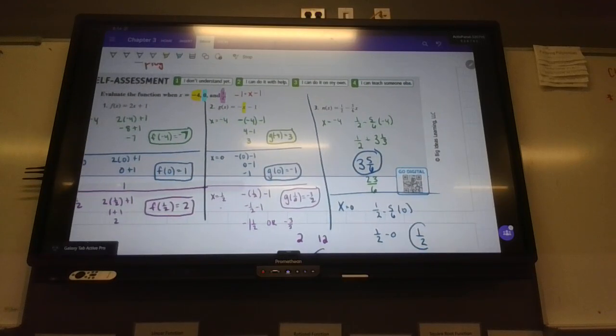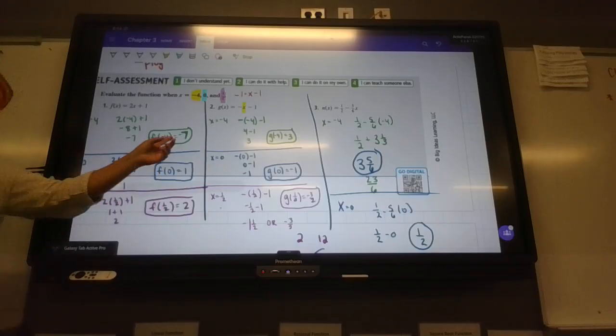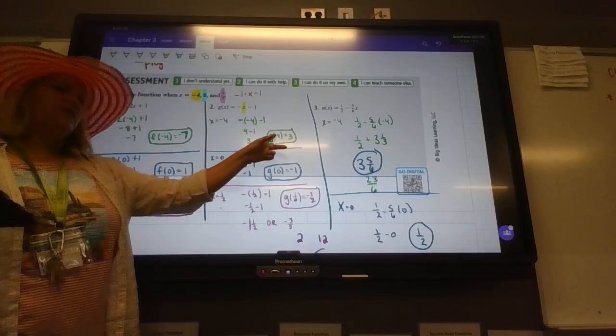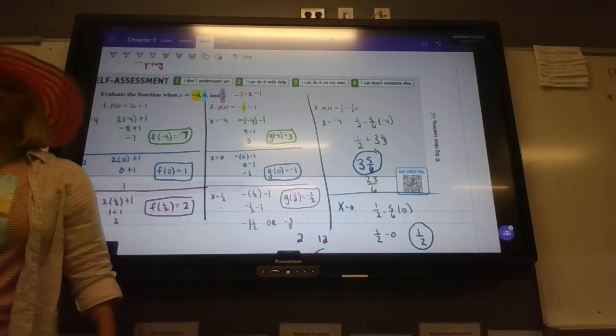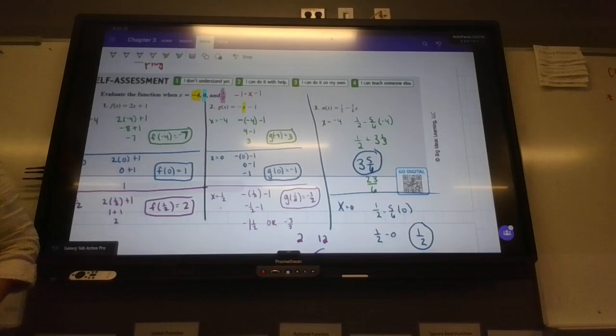You get it? Okay. What about you, Amara? Do you get the whole process? Plugging in, and you understand how the answer shows what went in for x and what came out? It's called function notation. We're good? Tiana, you get it? Nishayla, you get it? Alright, let's move on.